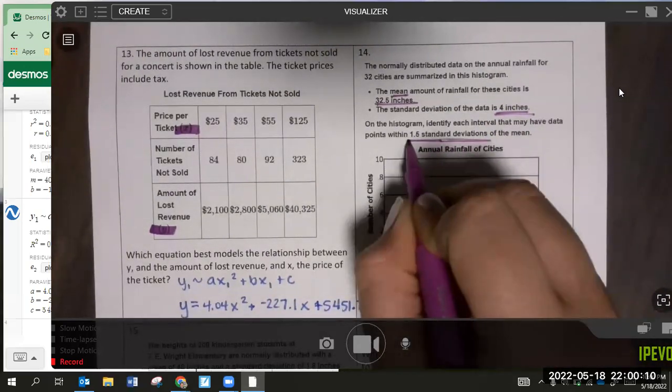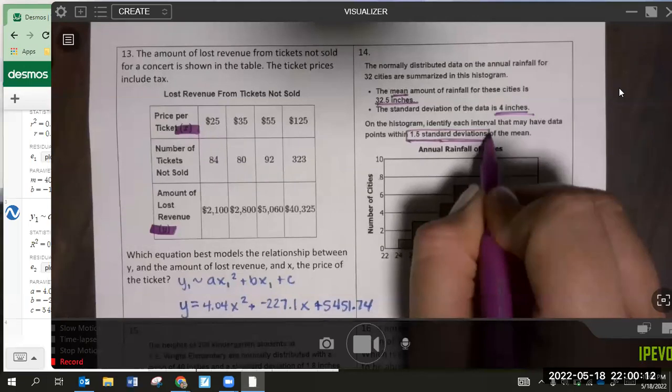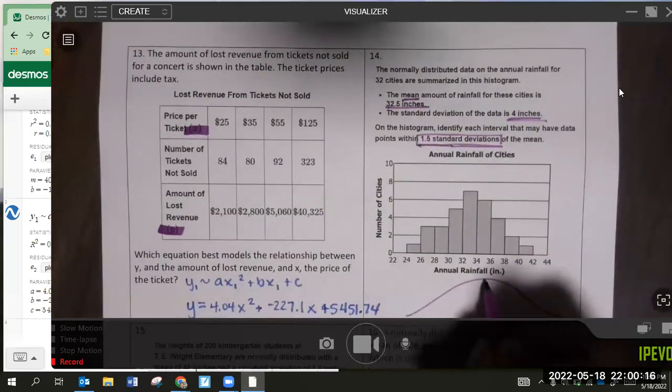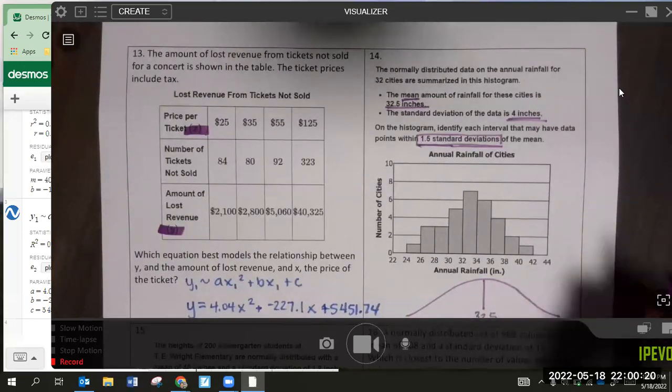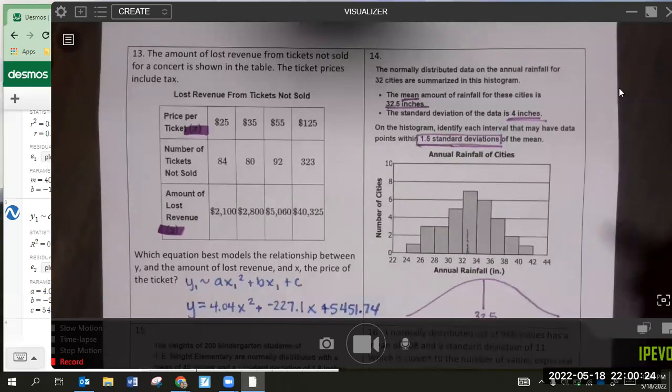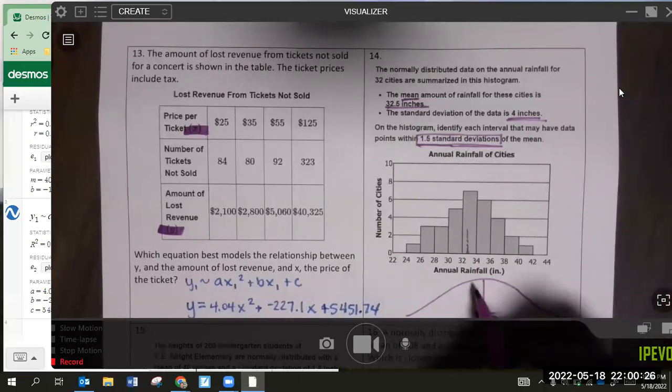So remember when we create our little bell curve here, we say our mean is in the middle, 32.5. 32.5 is actually kind of right in here on our histogram. So one standard deviation away, we're going to subtract 4 inches, or we're going to add 4 inches.